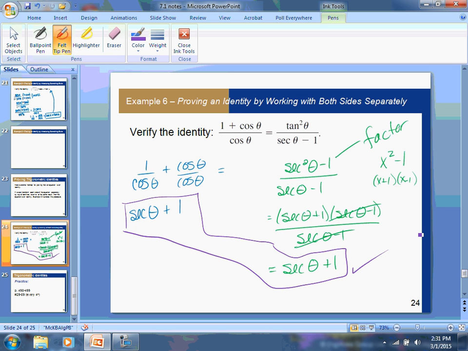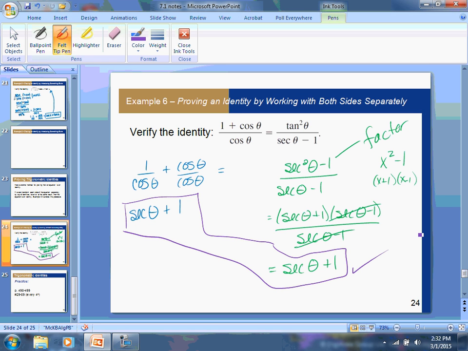So this strategy is a little more complex. You don't see it as often, but know that it is able to be used and that it's legal. So if you start simplifying one side and you get to a point where you're a little stuck, start simplifying the other side and see if you can get it to equal to the point that you got stuck at on the other side of the equation.